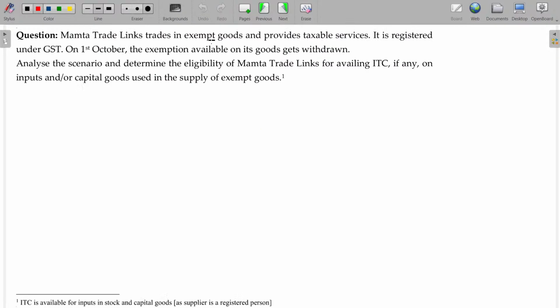Mamta Trade Links trades in exempt goods and provides taxable services. It is registered under GST. On 1st October, the exemption available on its goods gets withdrawn. Okay, so exempt goods become taxable goods. Now, what happens here?